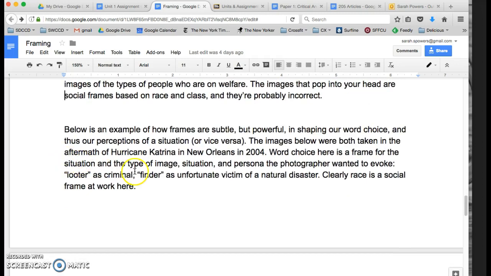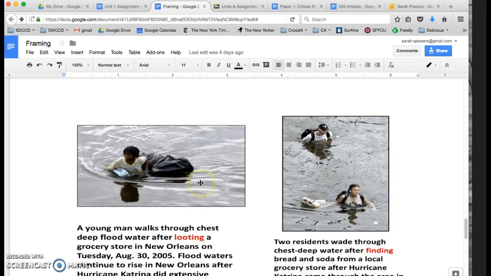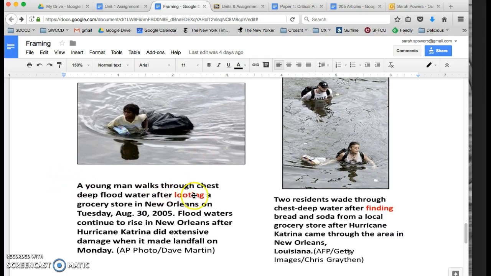So when we think about word choice, when we think about influencing other people, persuading them, consciously or unconsciously, here's a good example of how word choice plays into that. These are from Hurricane Katrina, and now, unfortunately, we're probably going to see horrifying images like this from Harvey in Houston. We get this young man wading through floodwater, says after looting a grocery store, whereas these people are wading through water after finding food and water from a grocery store.